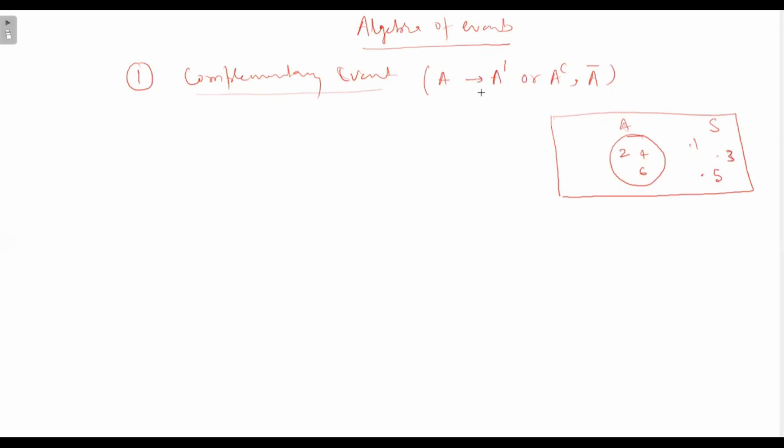Now, if I'm talking about a complementary set, I mean all the elements which are in the sample space but not in A. The complementary event is also called the not A event, meaning I am okay with everything which is not A. So when event A is 2, 4, 6, my A complement is equal to S minus A, meaning all the elements in sample space S but not in A. In this case, this will be 1, 3, and 5.